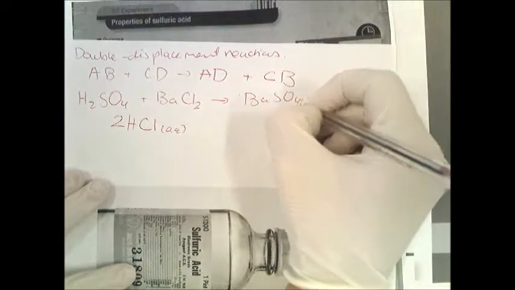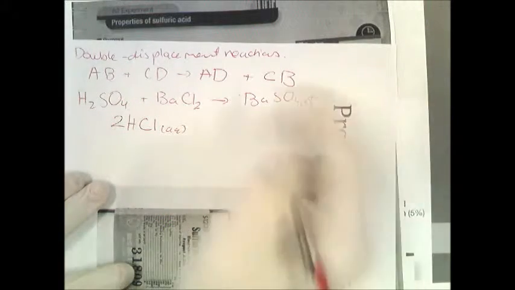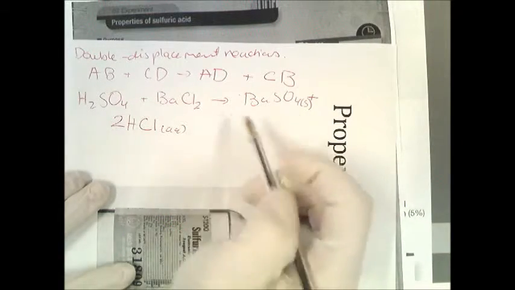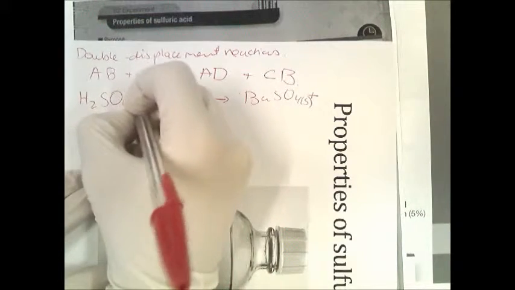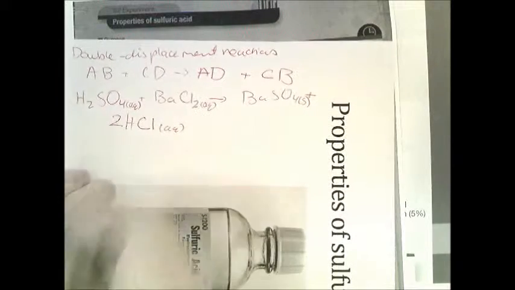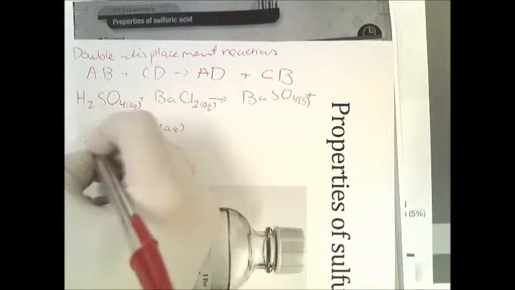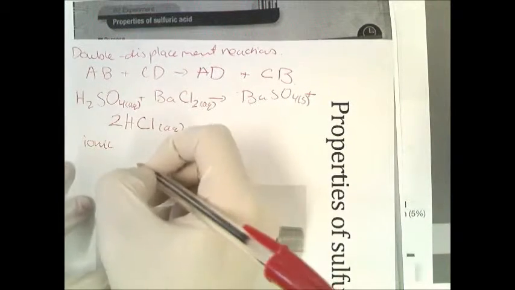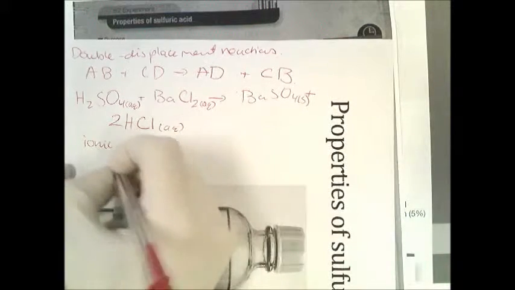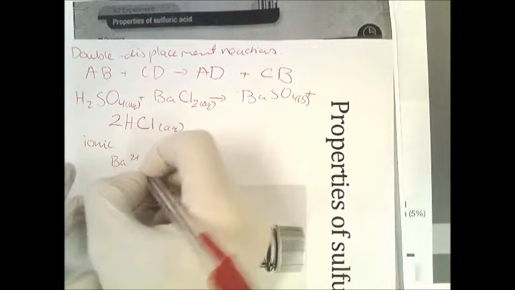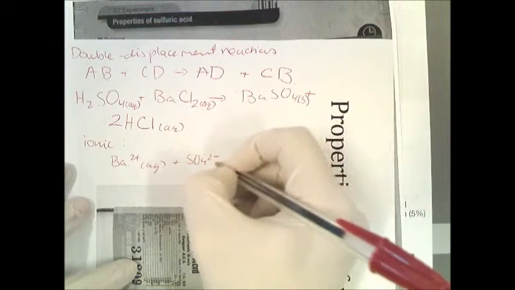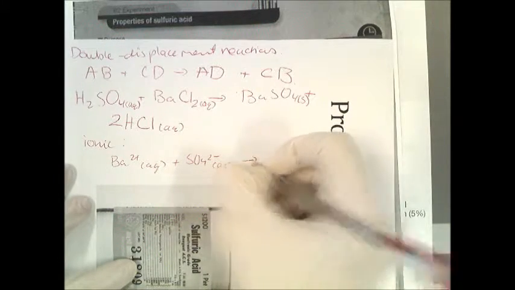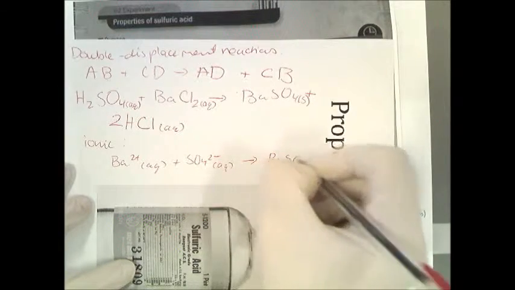Barium is one of the things that are insoluble when reacted with a sulfate. Barium chloride is aqueous and sulfuric acid is aqueous. Now, if you remember how to do the ionic equation, if you don't, I'm going to go through it. It only shows the formation of your precipitate. So barium plus sulfate produces barium sulfate.